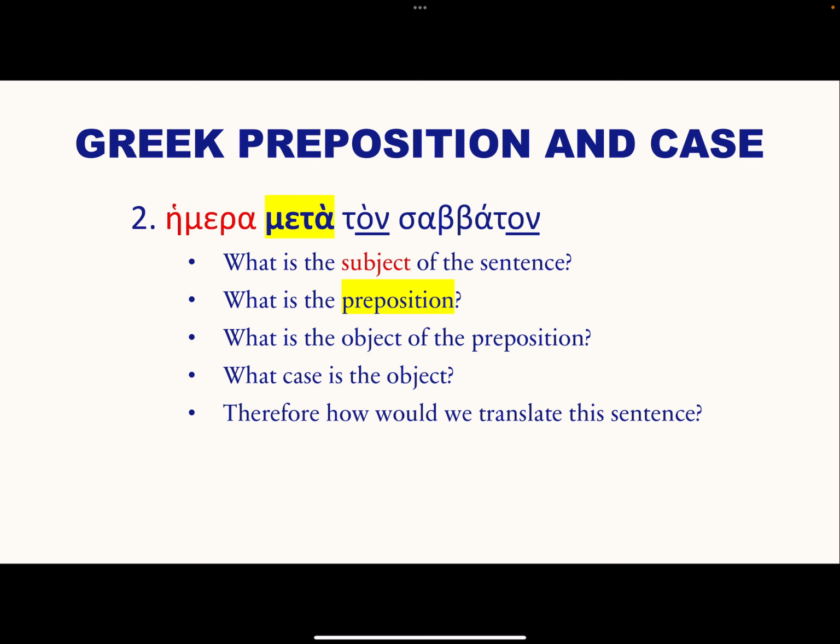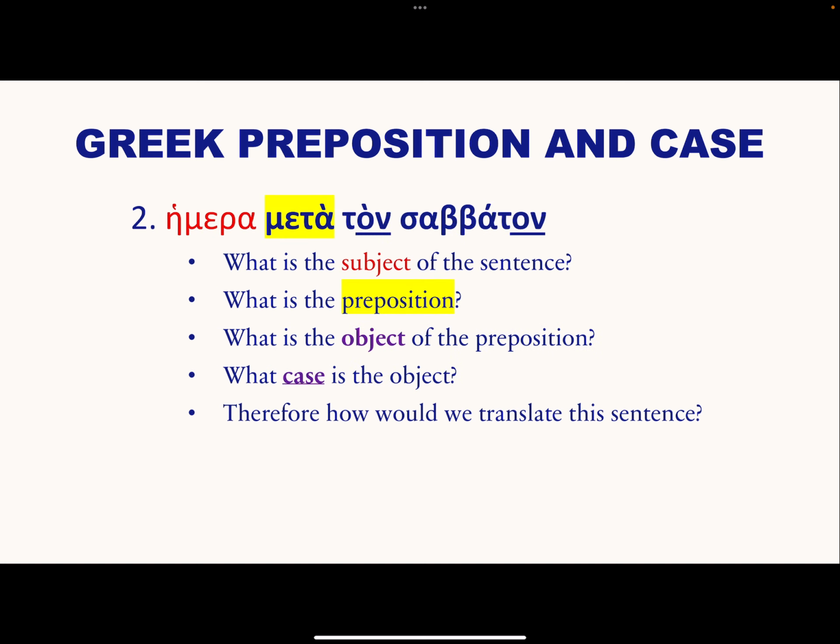However, in this next sentence, hemera, meaning day, meta ton sabaton, sabaton is now in the accusative case. In the last example, the word which followed meta was in the genitive. Now we're in the accusative case.